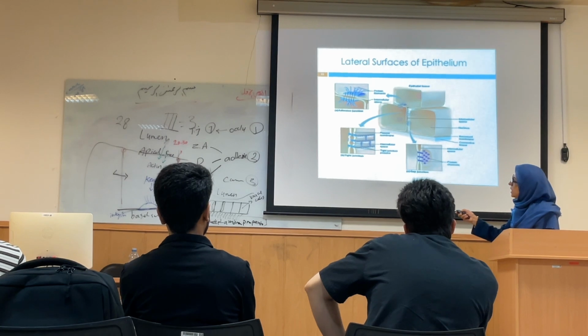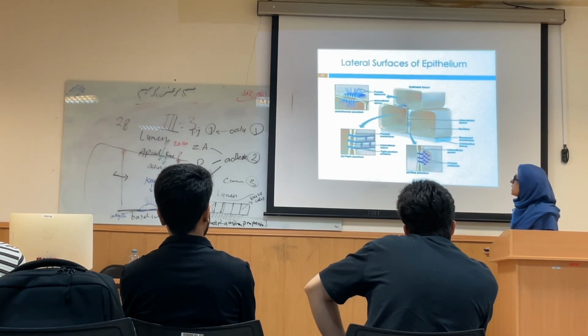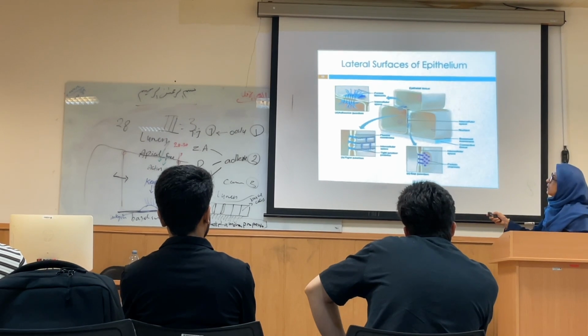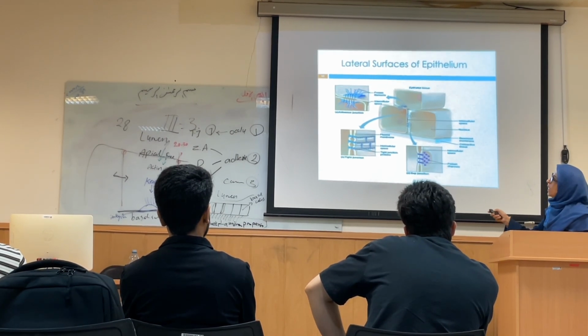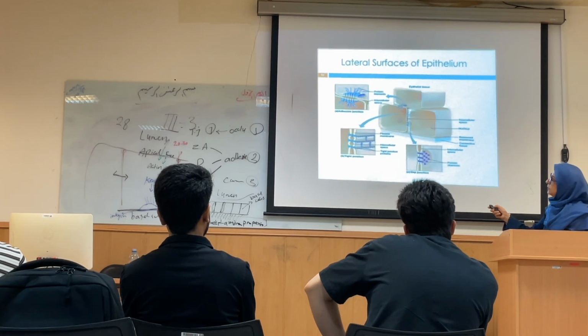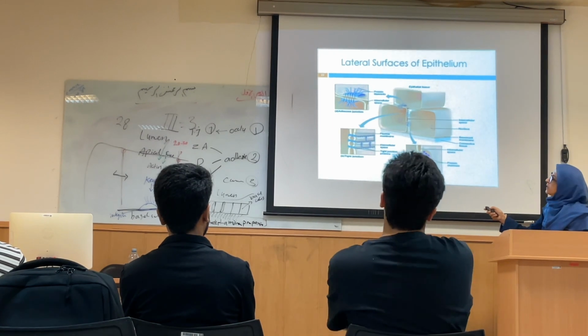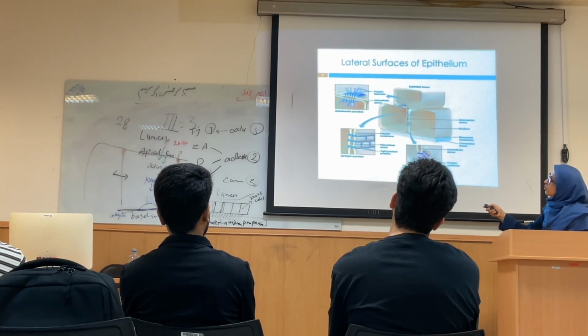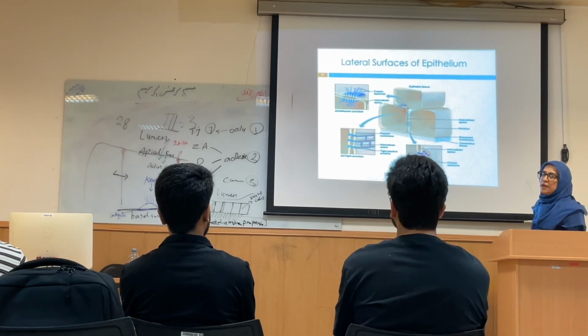As you see here, there aren't any spaces between them. The anchoring junction, such as the desmosome, joins adjacent cells and includes adhesive glycoproteins in the intercellular space, by which they attach together.